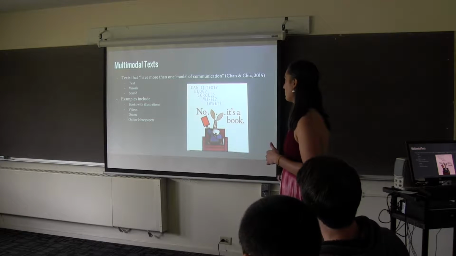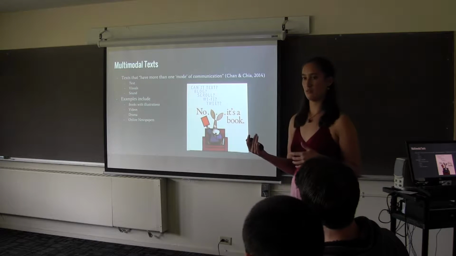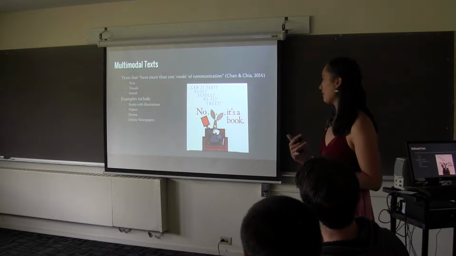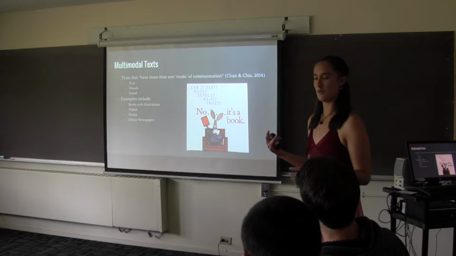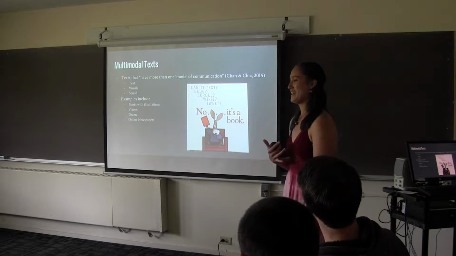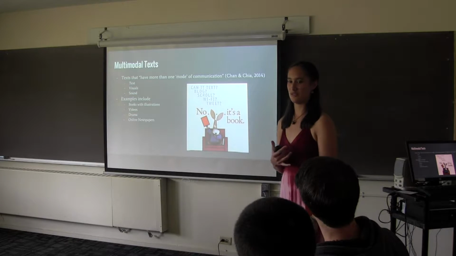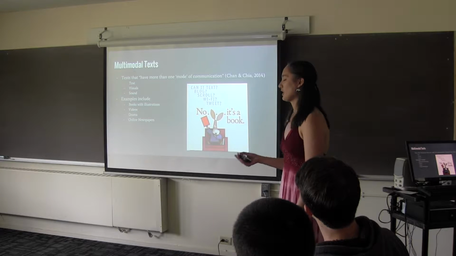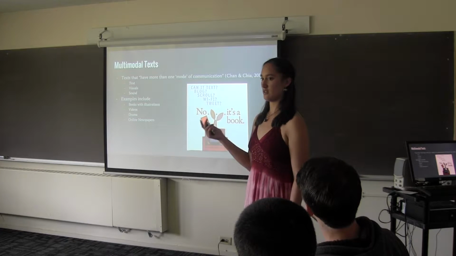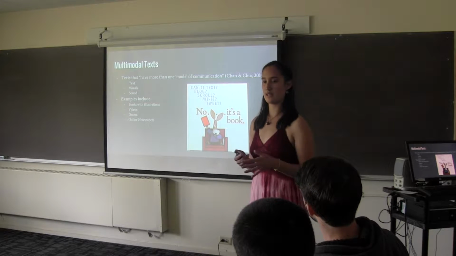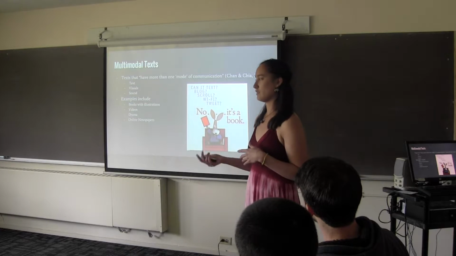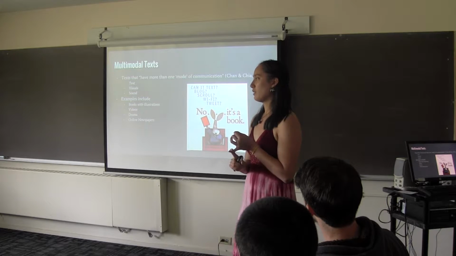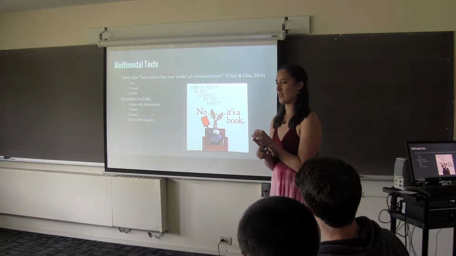The illustration here says, can it text, blog, scroll, Wi-Fi, or tweet? And the answer is no, it's a book. Just to illustrate that today we've moved much further past just books. For example, when I was a child reading newspapers, there was occasionally a picture that would support the text, but when I read newspapers today, almost always there's a picture that supports the text.